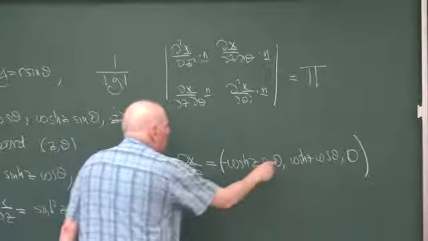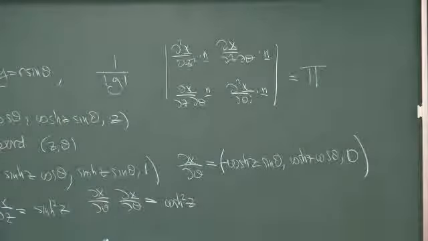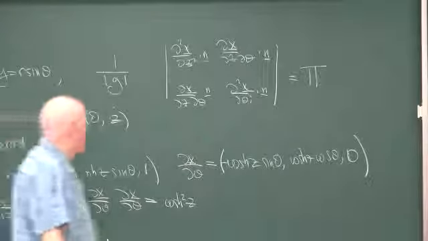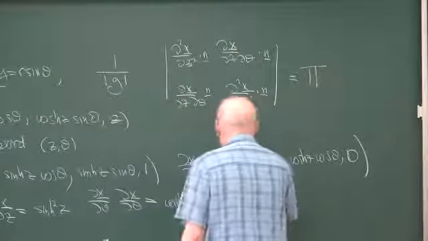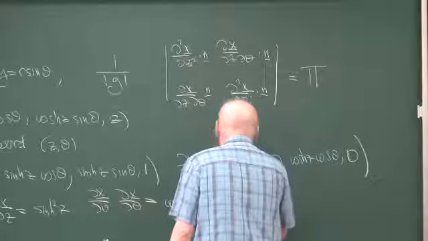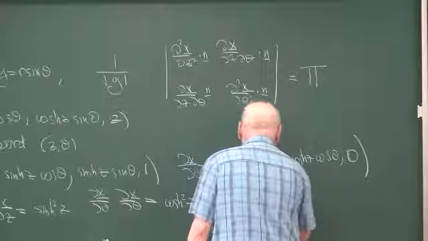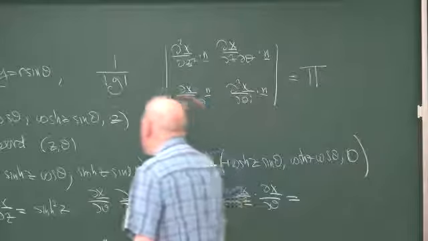As I get cosine squared theta plus sine squared theta. Now I have to do the cross to see if there's any cross. So let's see. This would be the partial of the vector with respect to x, the partial of the vector with respect to theta. Let's hope it's 0.